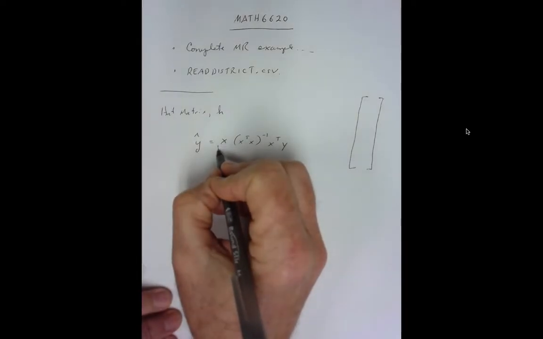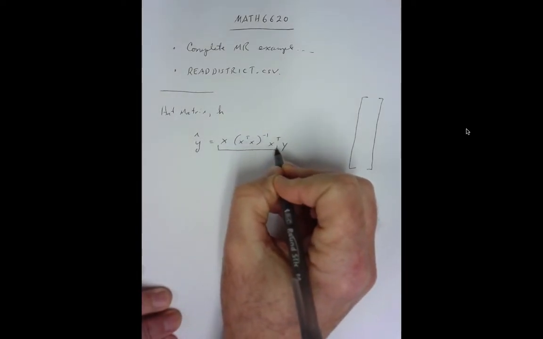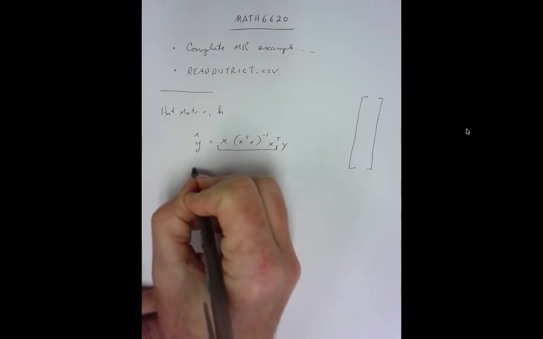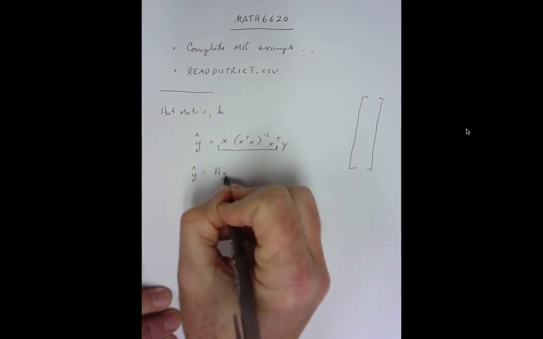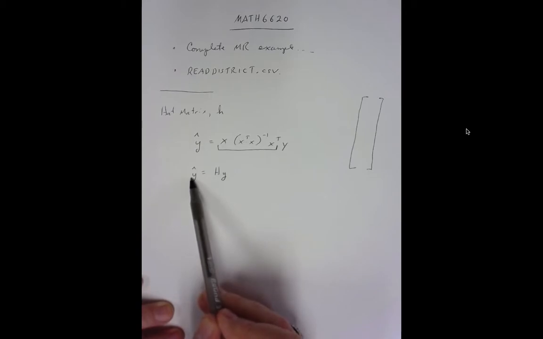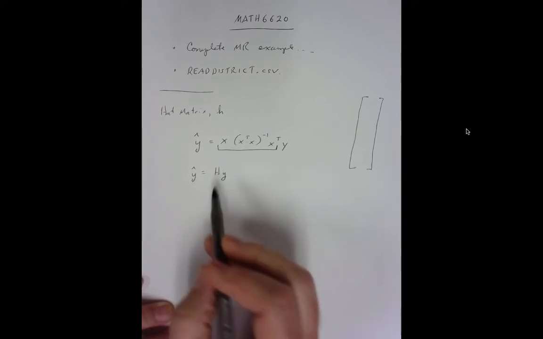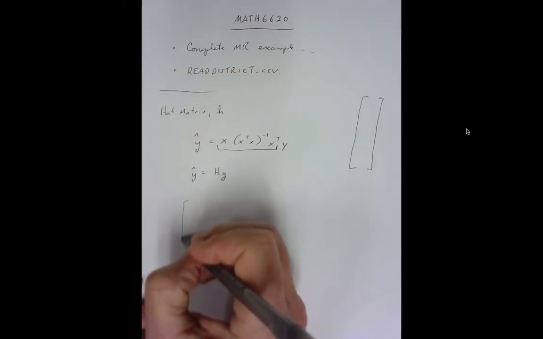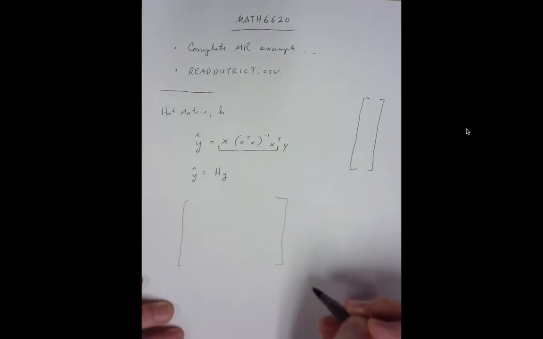Well, it turns out that this matrix right here, this product matrix, which you can see would be H times Y, can be seen as kind of a projection matrix. In other words, it's the matrix that maps our Y's onto the predicted Y's. So this H is seen as a projection matrix, and it's symmetric.